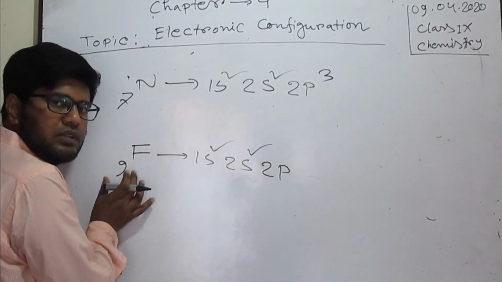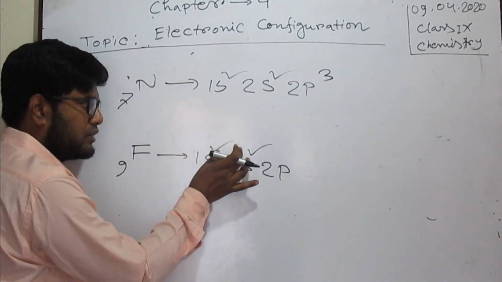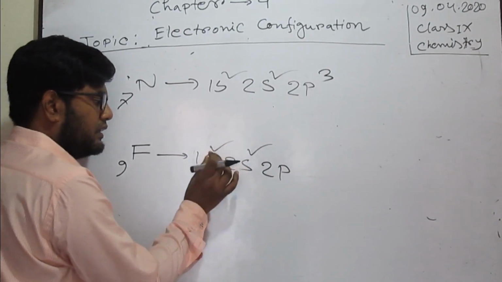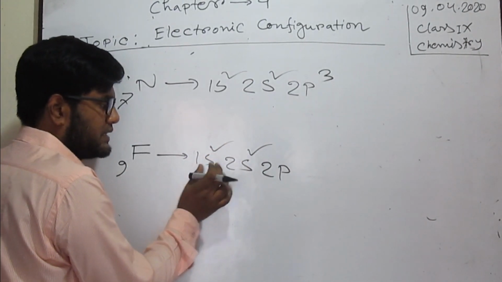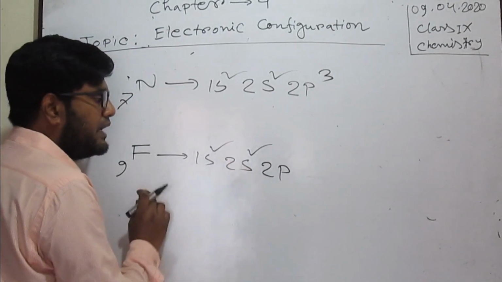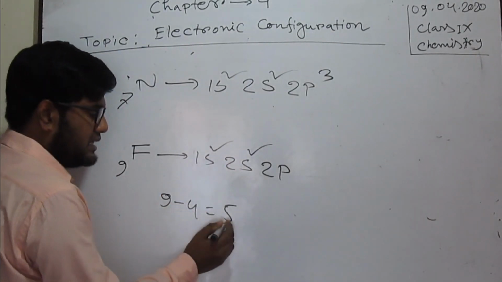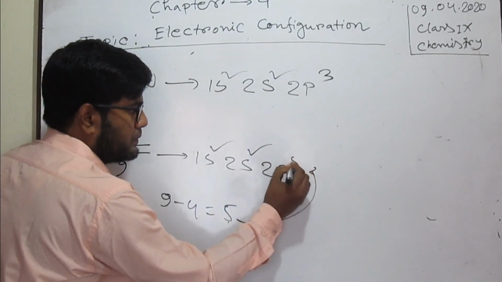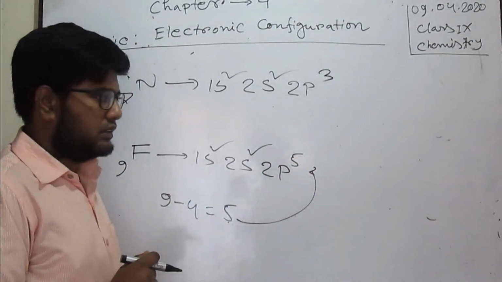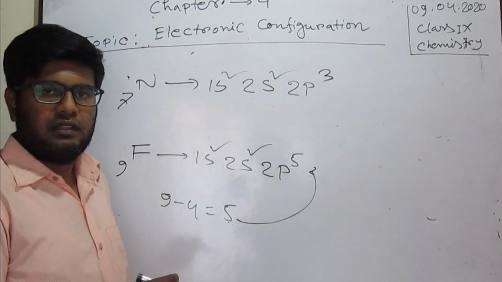We have in total 9 electrons, 4 already in 1s and 2s orbitals, so the remaining 5 electrons, 9 minus 4, will go to 2p orbital.